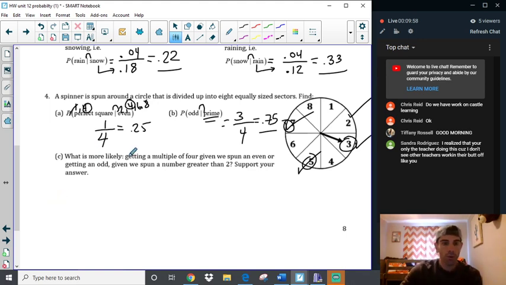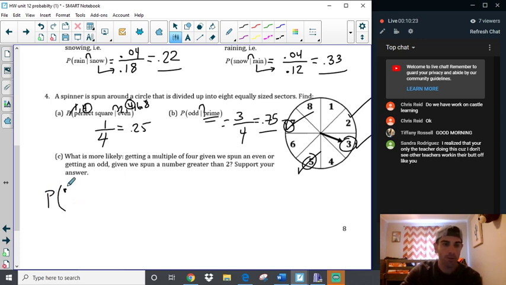Okay, so what is more likely, getting a multiple of 4 given we spun an even, or getting an odd given we spun a number greater than 2? Support your answer. So this is kind of looking at 2 different ones. What is more likely? Getting a multiple of 4. Okay, so let's write that out.